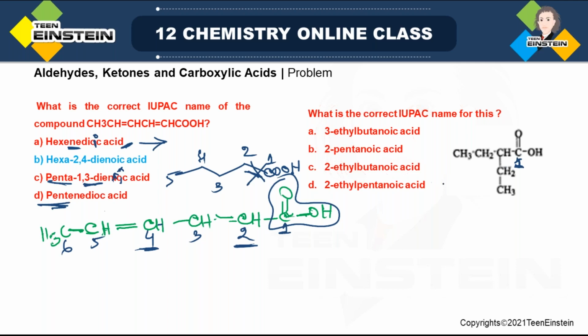Now you have to move towards the longest chain. If this is 1 and if you move 2, then 3 and 4, how many carbons are you getting? You are getting 4, right? In that case, this is an ethyl group.